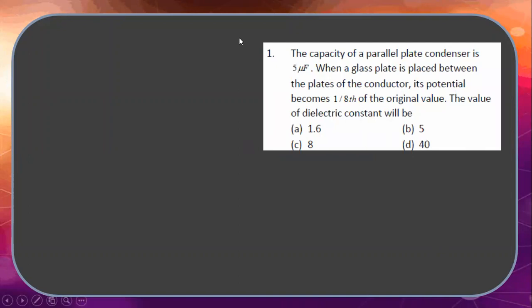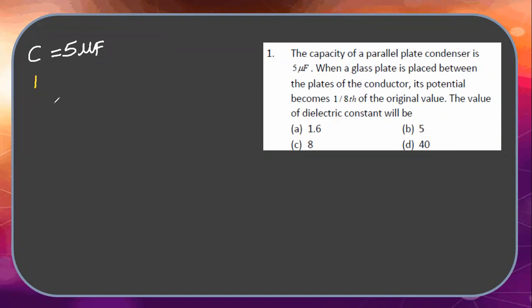These are right. Now we'll see that the capacity of a parallel plate condenser is given as 5 microfarads. When the glass is placed between the plates of the condenser, the potential becomes 1 by 8 times.